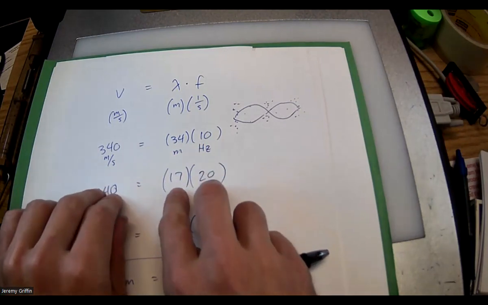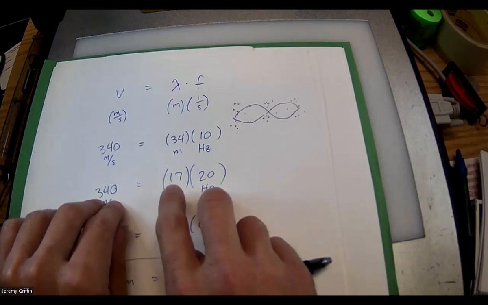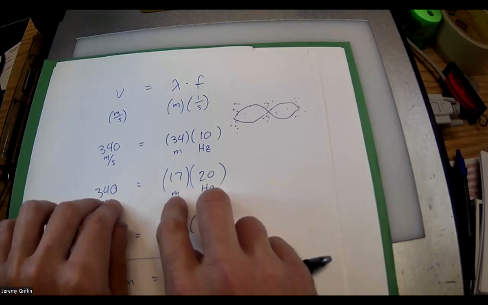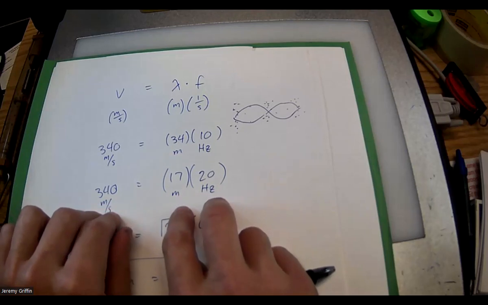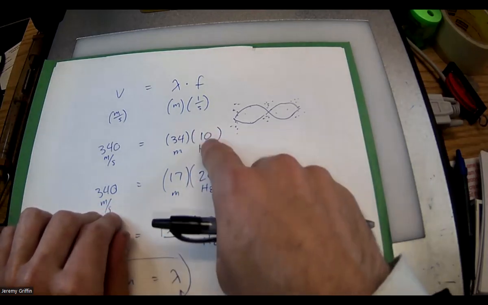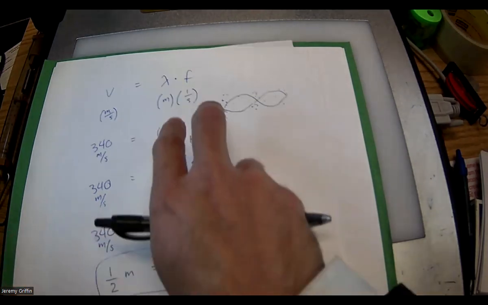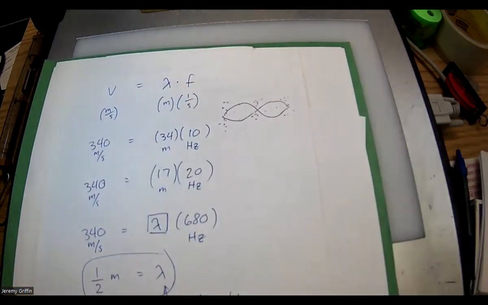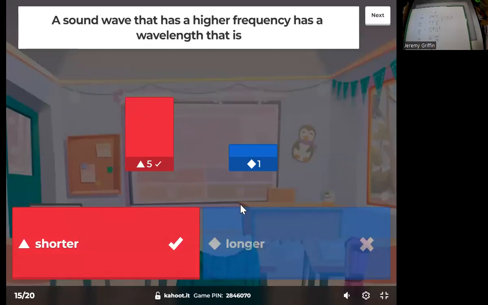But what if I increase the pitch, like 20 hertz? Does that make a shorter wavelength? Yeah. Did the speed of sound change? No. The speed is just whatever it is. But a higher frequency is a shorter wavelength. There's an inverse relationship between these two.